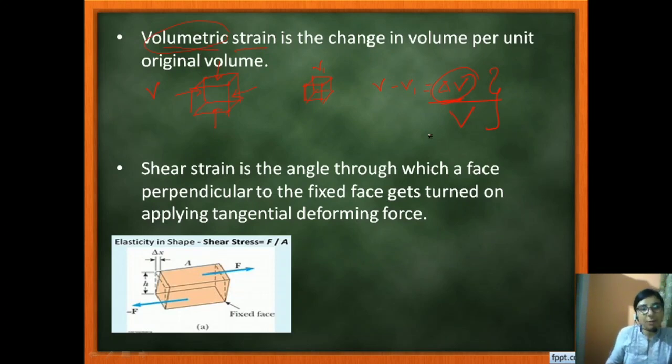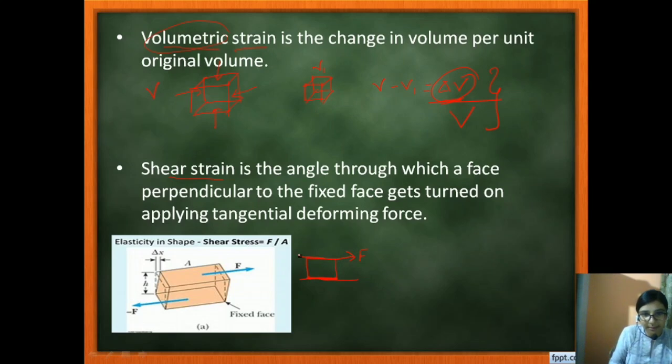Now the third type of strain is what? It is shear strain. Before we define what shear strain is, let's try to understand it with the help of an example. Let's take an eraser. Let's first draw the diagram, and let's keep this face of the eraser fixed. Now we'll apply some force on the upper surface of this eraser tangentially, like this.